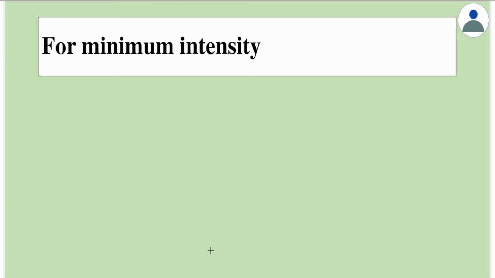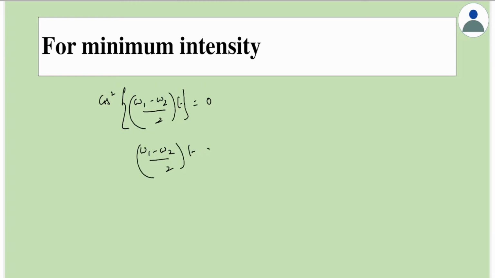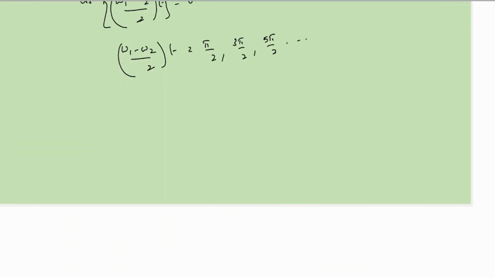Similarly, for minimum intensity, you can say cos square of (omega 1 minus omega 2)/2 into t is equal to 0. This happens if (omega 1 minus omega 2)/2 into t is equal to pi by 2, 3 pi by 2, 5 pi by 2, etc. So we'll find what the time intervals are.